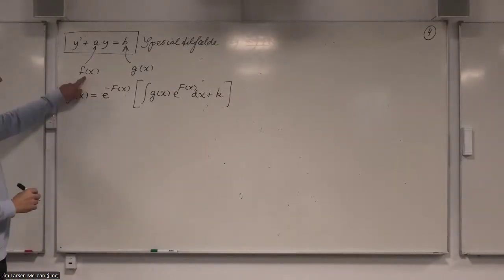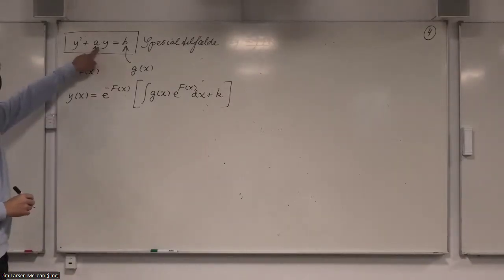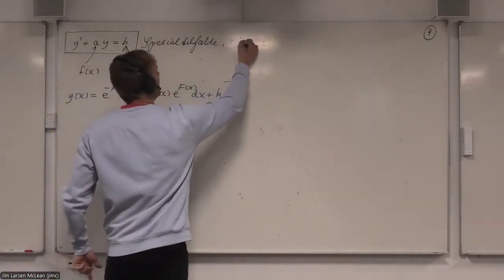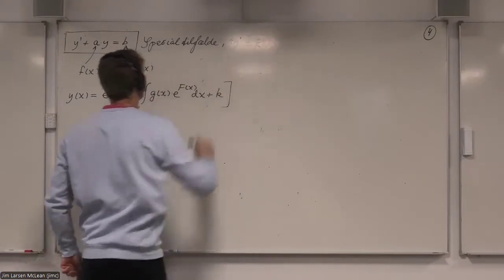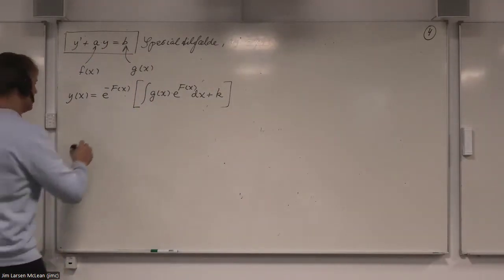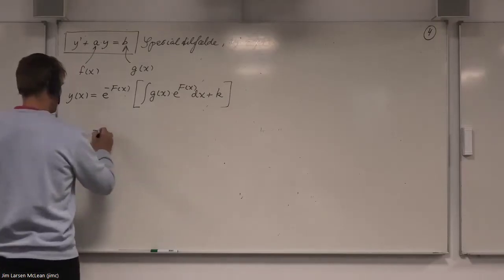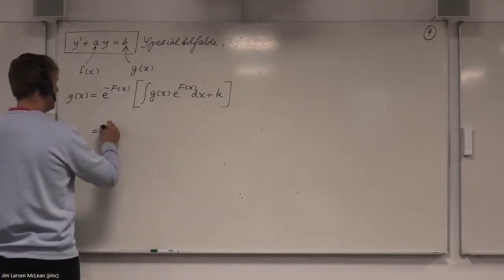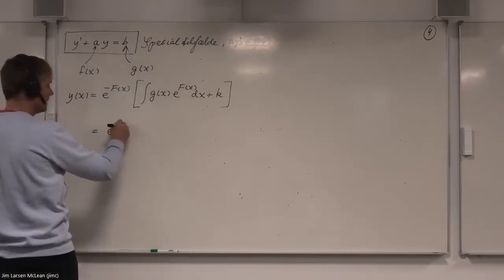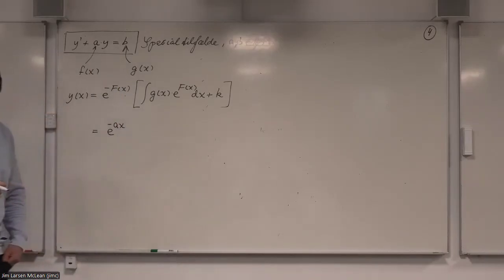And now I know what f of x is. It's just a constant. So a and b here are just real constants. It could be 7 and 13, for example. So if we substitute it in, we get e raised to the negative antiderivative of a. Well, the antiderivative of a constant is the constant times x, because differentiating 5x gives 5, differentiating 7x gives 7, differentiating ax gives a.